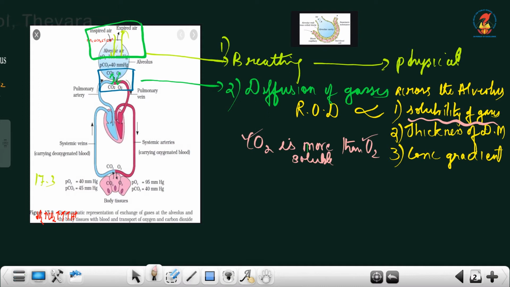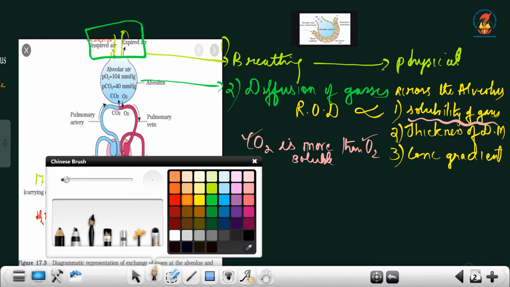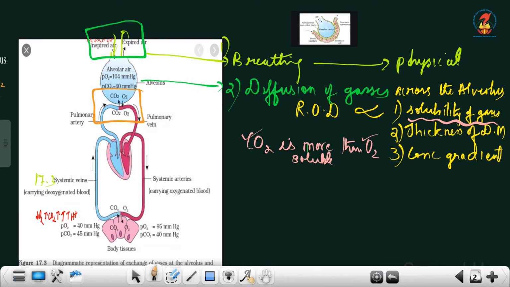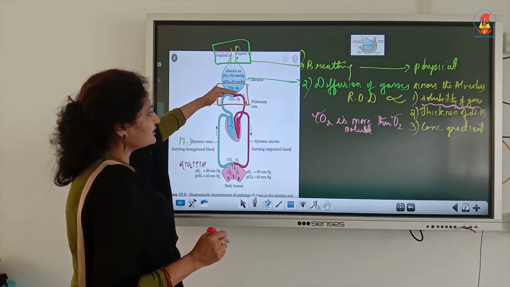Let's define the diffusion membrane. For that I am zooming in on the diffusion membrane. See, I have focused here on the membranes separating the alveolus and the blood in the blood vessel.